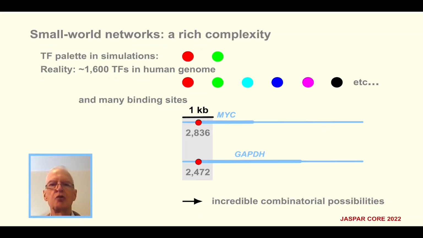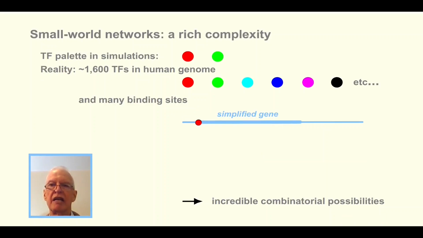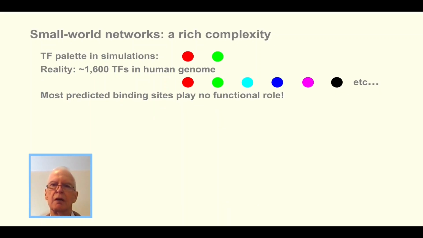So I think you can immediately see that there are an incredible number of combinatorial possibilities, which I'll illustrate using a simplified gene with just 4 sites. One might be occupied, another, or 2, or 3, or 4, in different combinations. Moreover, most predicted binding sites play no functional role.